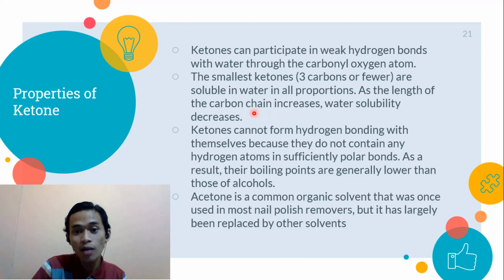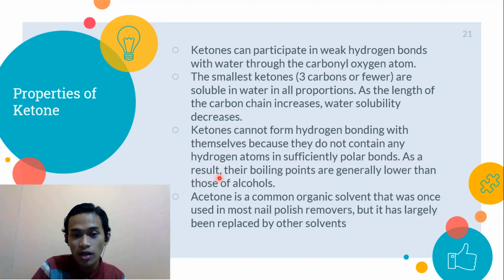With a longer continuous carbon chain, solubility in water decreases. Third, ketones cannot form hydrogen bonds with themselves, or as we know it, intermolecular hydrogen bonding, because they do not contain any hydrogen atom in sufficiently polar bonds.